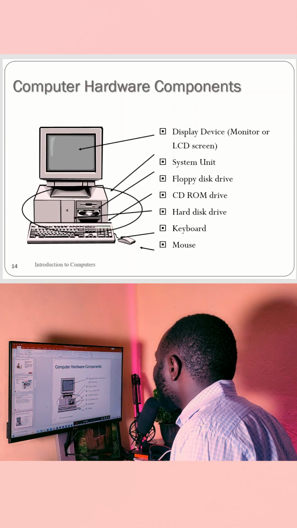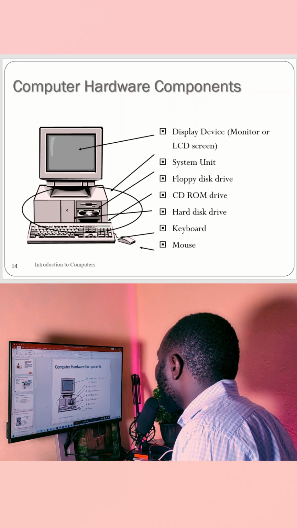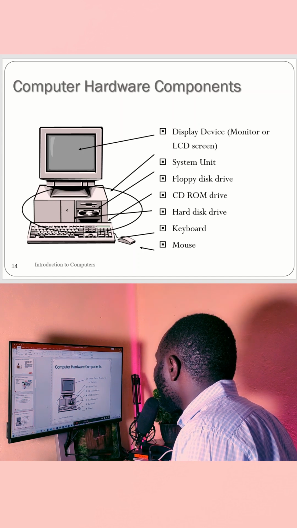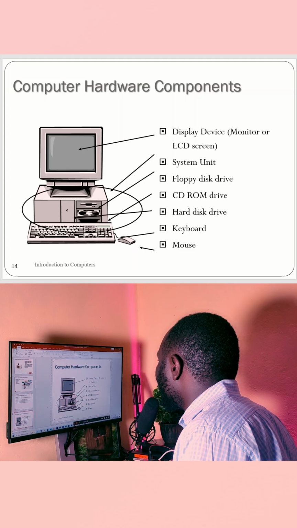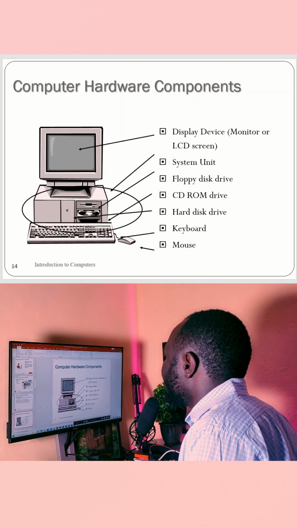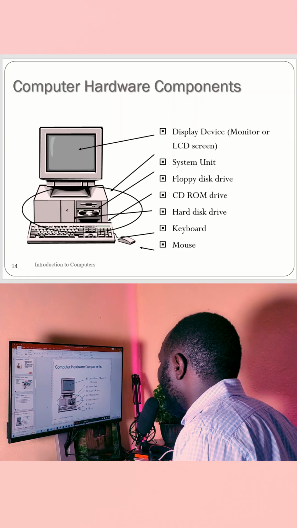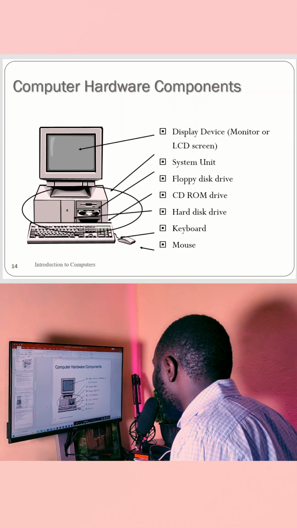The CPU is just a component inside the system unit. Then we have the floppy disk, we have the CD-ROM drive, we have the hard disk drive, we have the keyboard, we have the mouse. The beauty of this is that these are components that we shall be able to see and touch in real life.